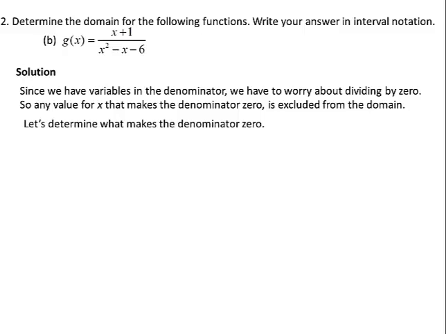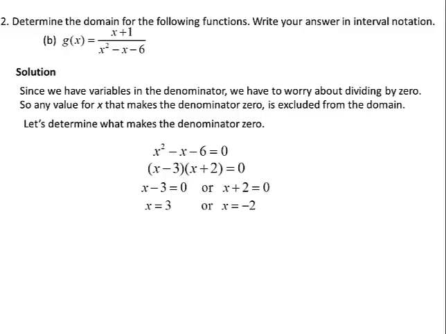That kind of gives me a place to start. Let's try to find those values of x that make the denominator 0. So let's try to find those values of x where x squared minus x minus 6 is equal to 0. That factors, and then you can set each factor equal to 0, and you get x is 3 or x is negative 2. Those are two values of x that will make the denominator 0.